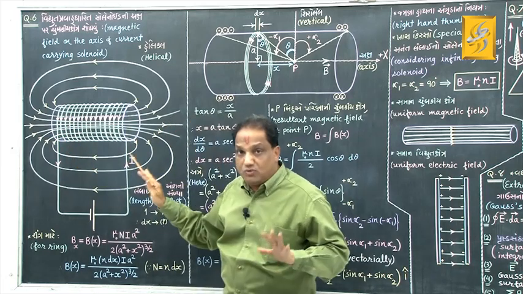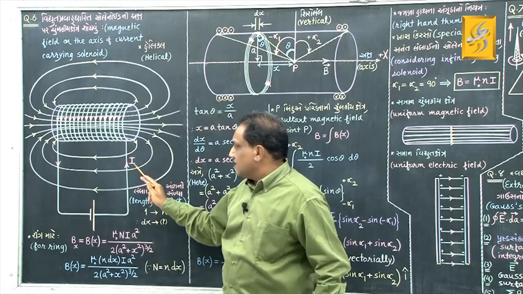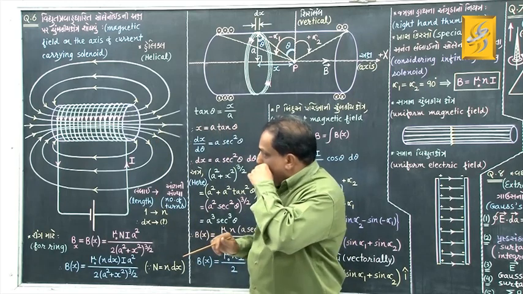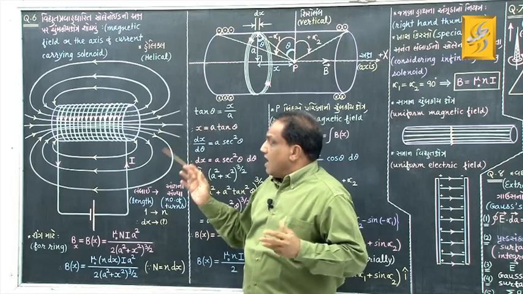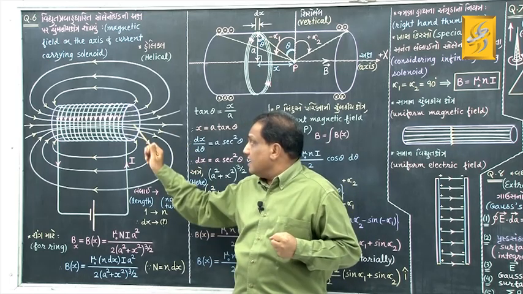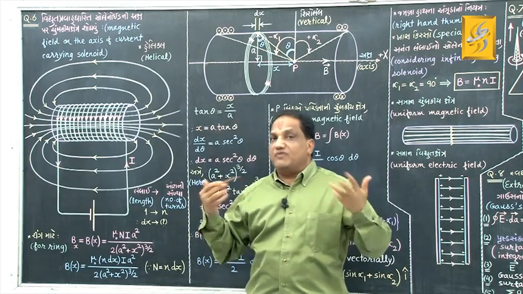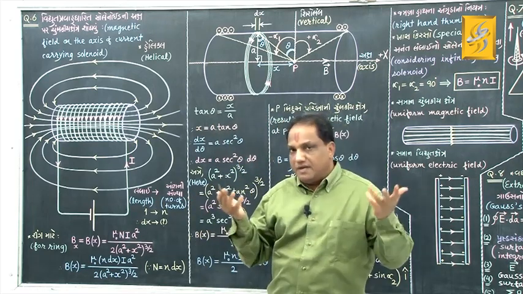This sort of magnetic field you will have provided you are passing the current as per the diagram. Now, how much is the magnetic field inside the solenoid of finite length, its expression we have to derive in our syllabus. Let us derive now.